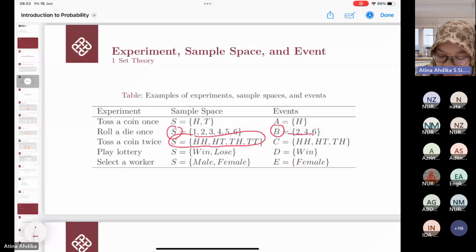So the C here is the collection, a subset of the sample space, which consists of the outcomes with at least one head. Okay, so those are the examples of the sample space, experiment, and event.